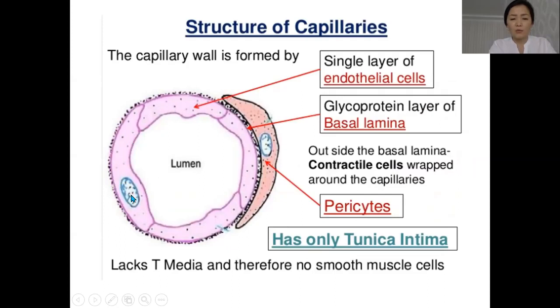This is the nucleus of one endothelial cell, this is the cytoplasm part of another endothelial cell. Of course, they have a basement membrane, basal lamina, and pericytes also. Pericytes, or contractile cells, are wrapped around the capillaries. These are pericytes, these cells.